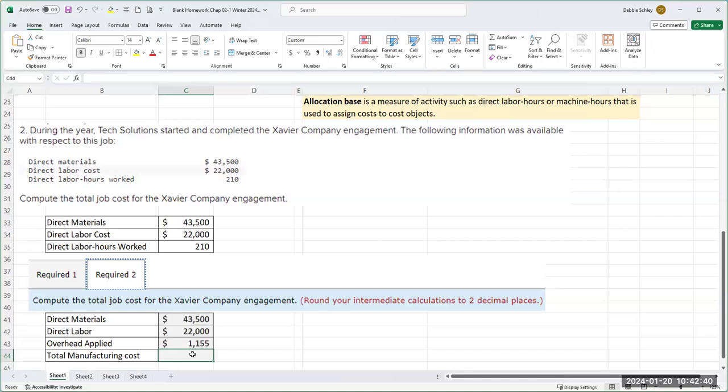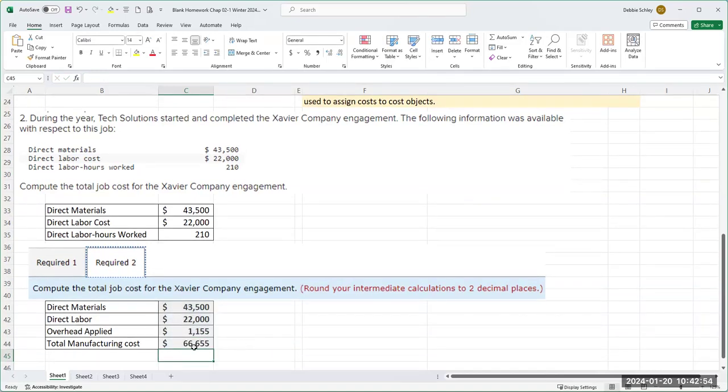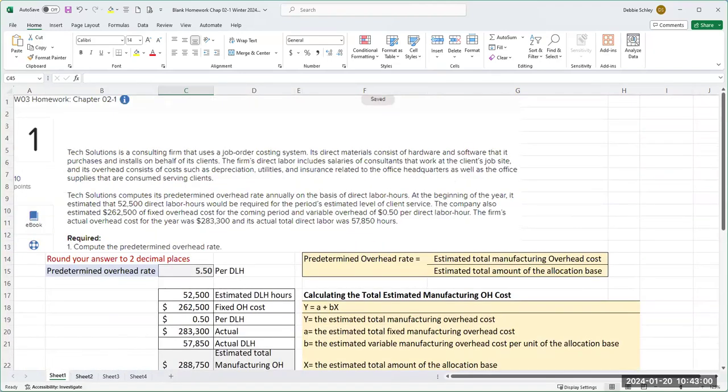Now, my total manufacturing cost for the Xavier Company job or engagement is just going to equal the sum of these 3 numbers. So there's required 2. I believe that's everything for question 1.